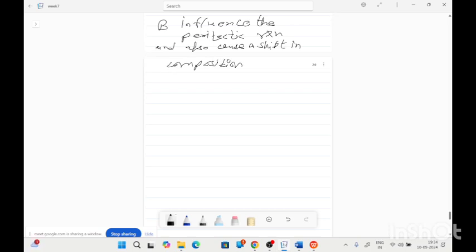It means the alpha aluminum nuclei can also form for a lower concentration of titanium.